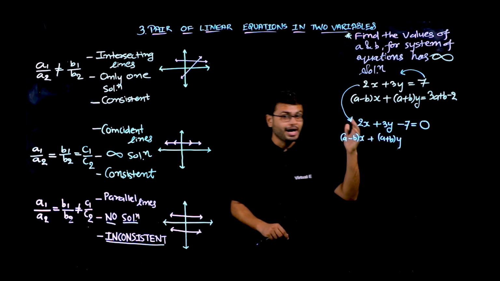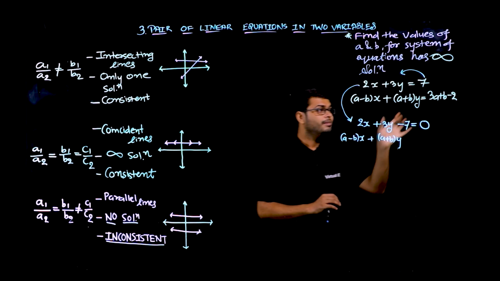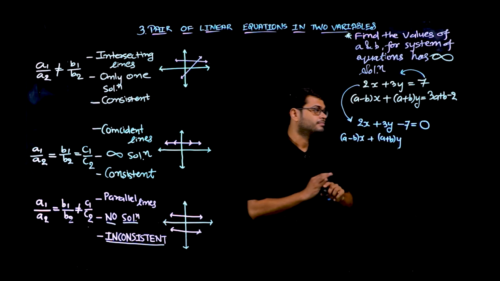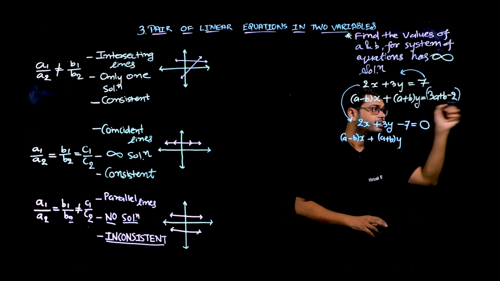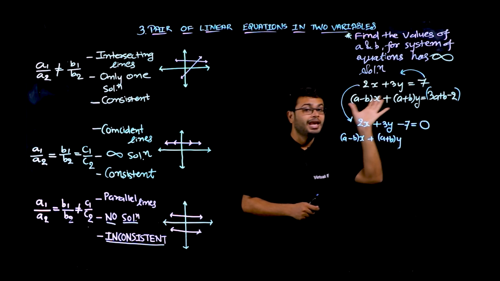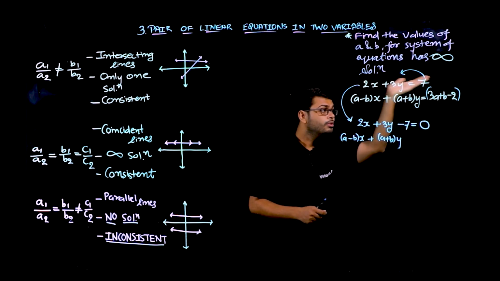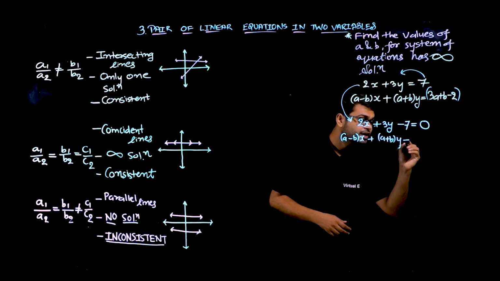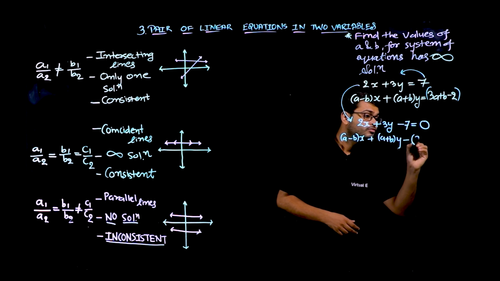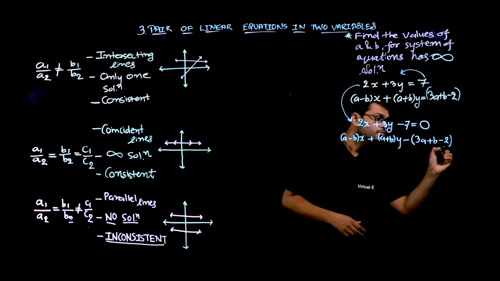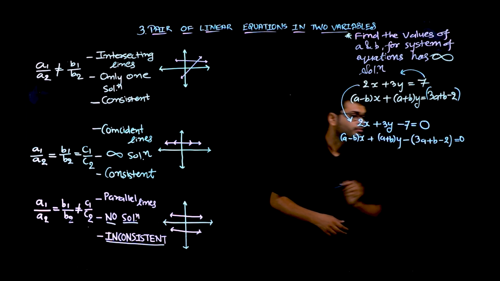Or what I am going to do in this case, I am also going to make a bracket like coefficient of x and y. I will be making it as a bracket and I will be shifting all three terms together like one term, right? So there will be only one minus sign before the bracket, which is 3a plus b minus 2 is equal to 0.